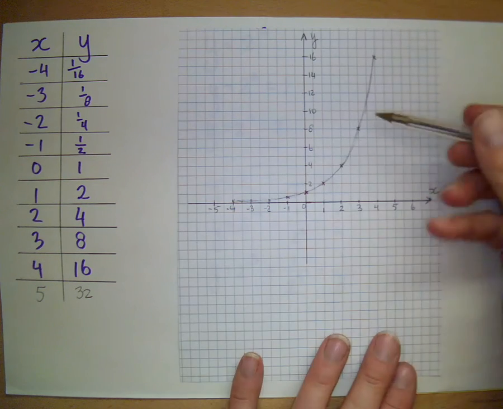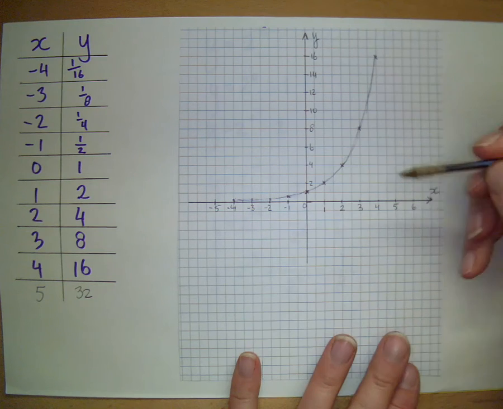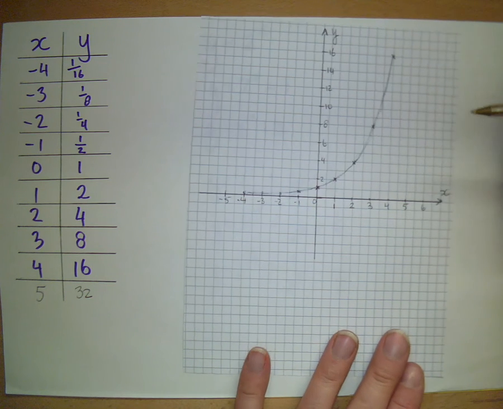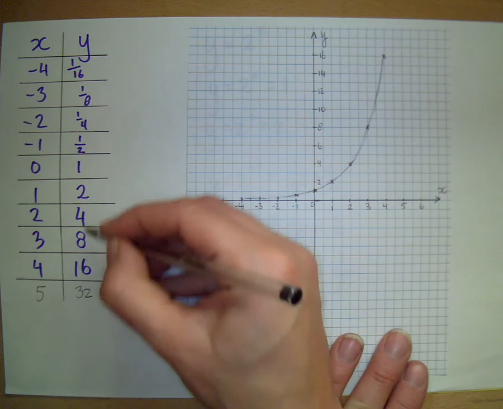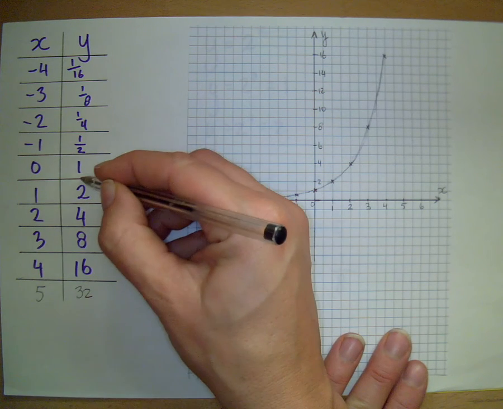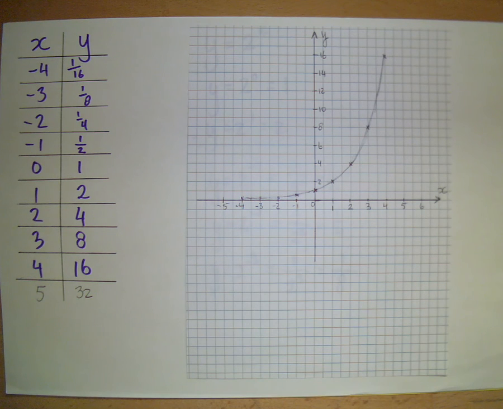That doesn't even fit on my paper, that's like twice this height, right? So it just shoots up. It's exponential growth. That's because we just keep doubling the number, right? From 1 on, we just keep doubling it. So it grows very fast.